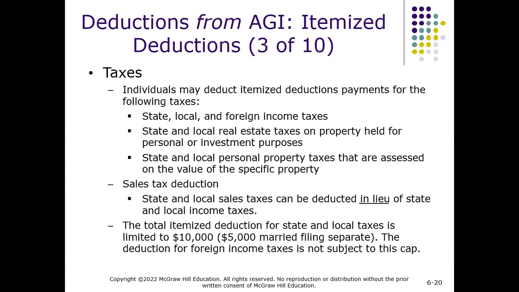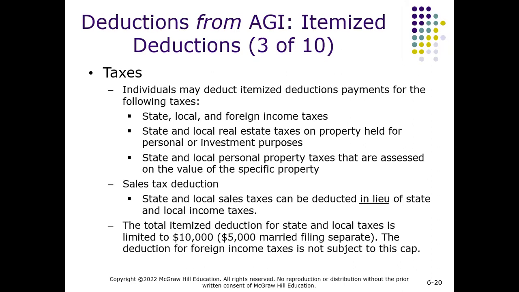You can also deduct, this is on page 6-13, lodging while away from home overnight, and transportation to get to medical facilities. It would be for the taxpayer who needs the medical service and one other person, and it's limited. The lodging is limited to $50 per night per individual.